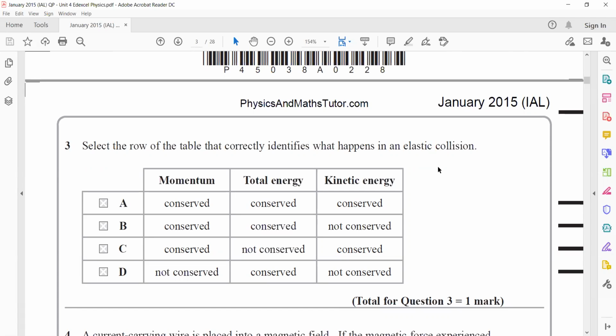A. Yes, that's correct. A is the right answer. The total energy is always conserved. The kinetic energy in elastic collisions is conserved; in inelastic collisions, it is not conserved. Momentum is conserved in both cases.